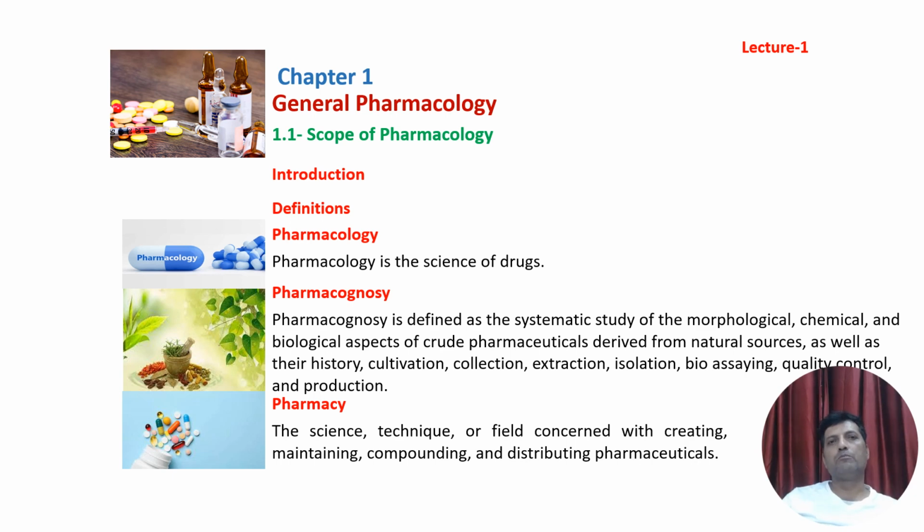However, it was completely unknown how they worked. Rudolf Buchheim, who established the first pharmacology institute in Germany in 1847, ushered in the field of pharmacology as an experimental discipline. Some of the fundamental ideas of pharmacology were first proposed by Oswald Schmiedeberg, known as the father of pharmacology.